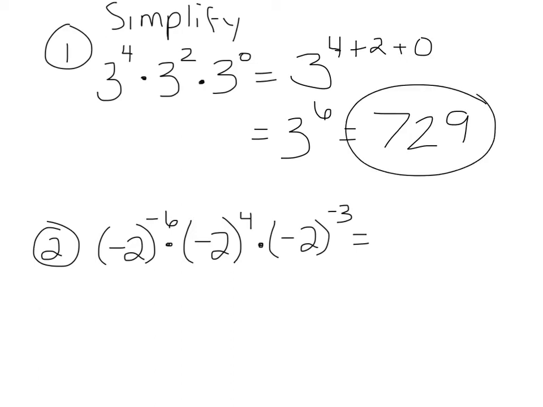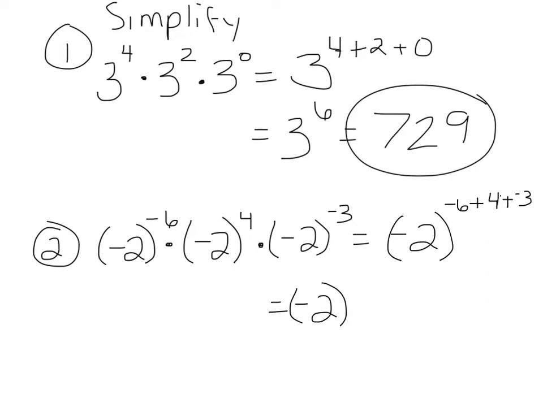Alright, number 2. Your base in this case would be negative 2, and it's the same in all of them. So you can change this to be negative 2, in parentheses, all to the negative 6 plus 4 plus negative 3. So you're just adding all the exponents together. Negative 6 plus 4 is negative 2, and negative 2 plus negative 3 is negative 5.